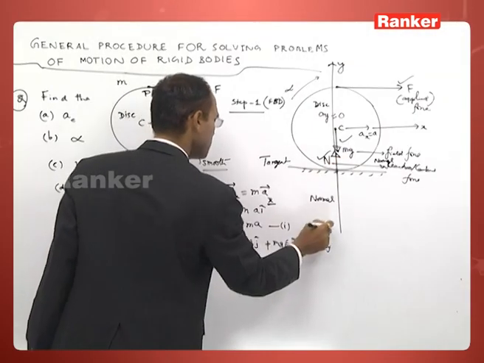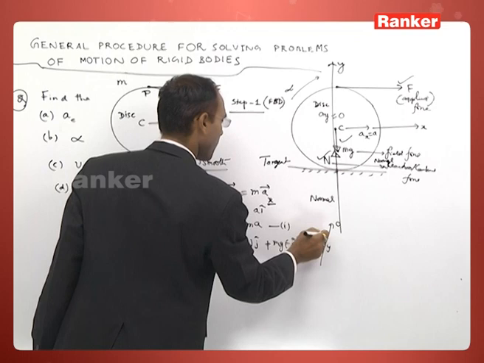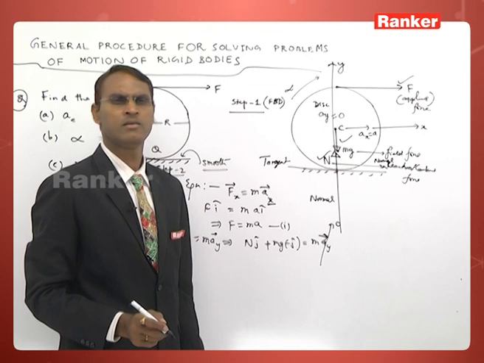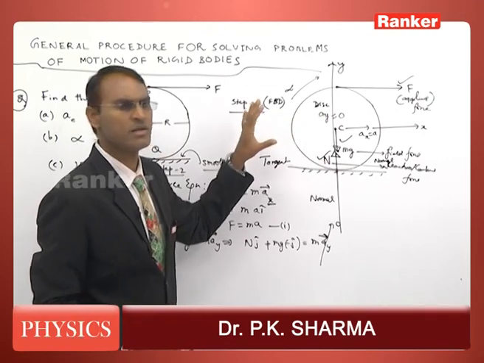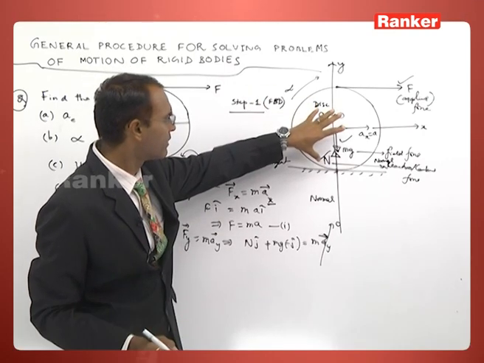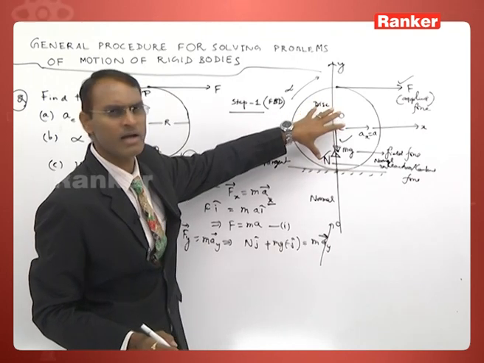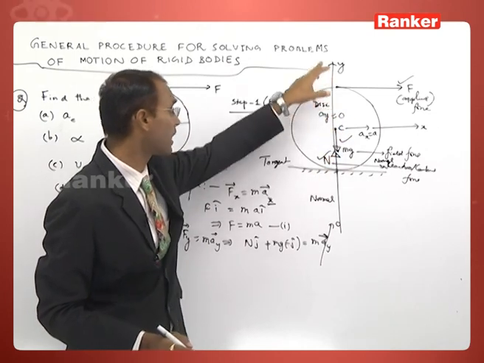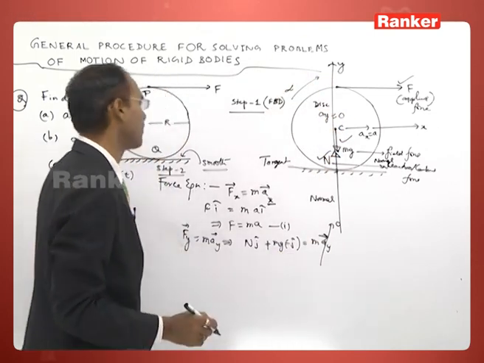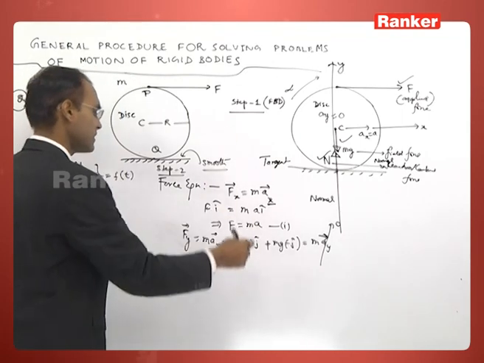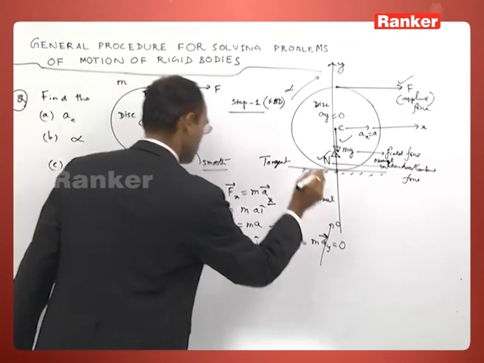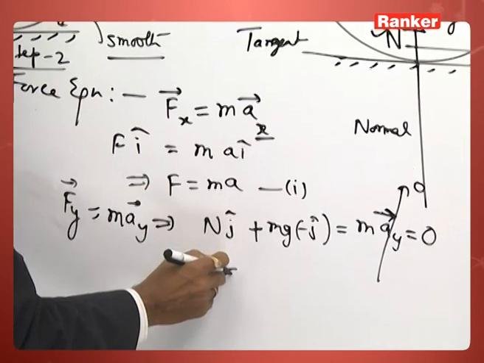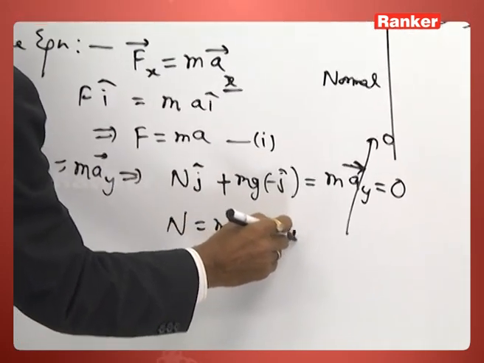Here acceleration is how much? 0, because the center of mass is not moving along y direction. From the physical constraint, the given condition, you can understand that the center of mass is not moving vertically or along the normal direction. Therefore, a_y is equal to 0. It gives us N is equal to mg. That is the second equation.